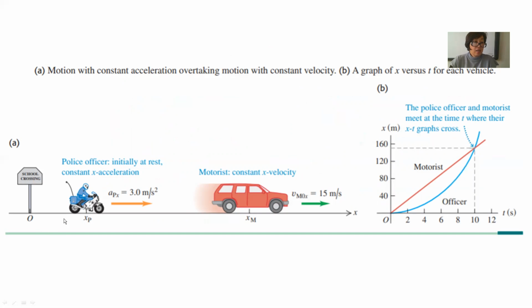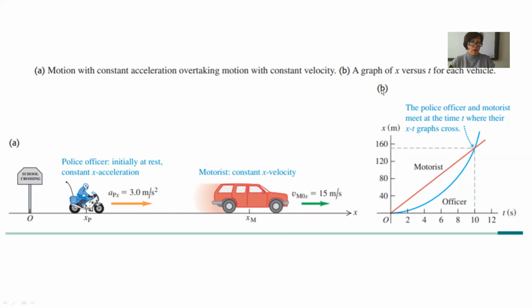Here is the position of a police officer initially at rest, who moves with constant acceleration of 3 meters per second squared. But here is the position of a motorist with constant velocity of 15 meters per second. This figure shows the positions of different objects.